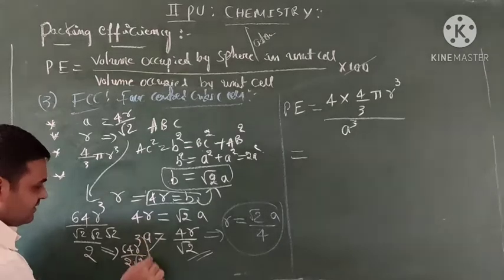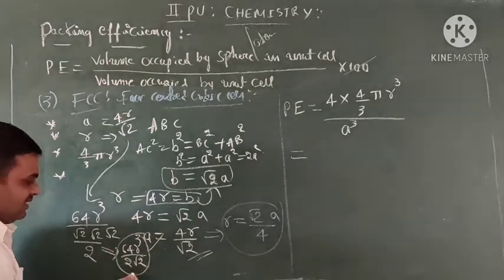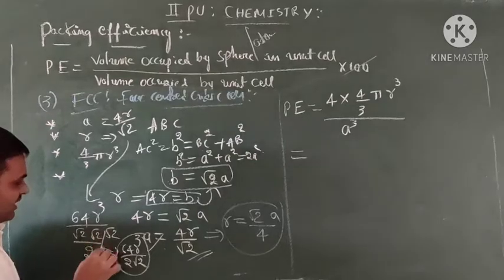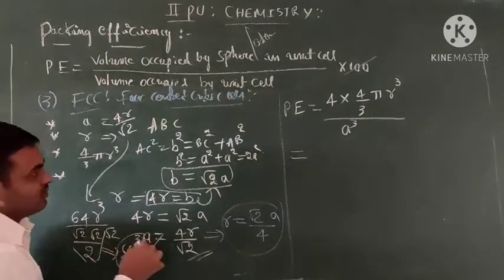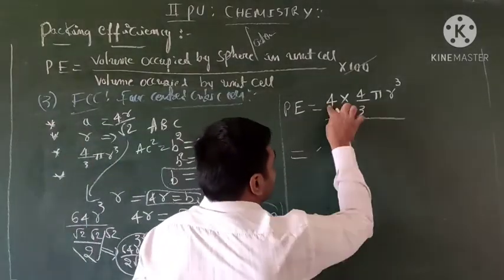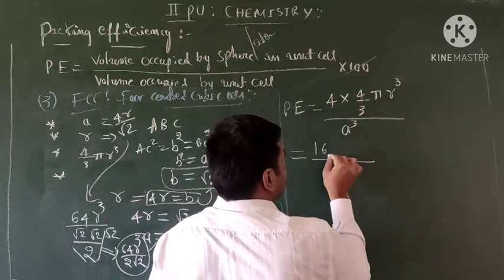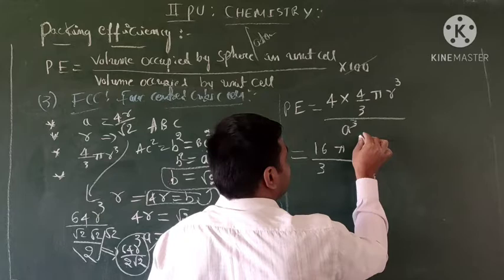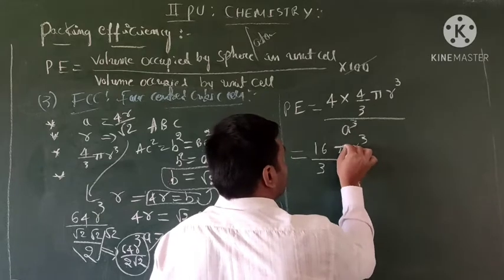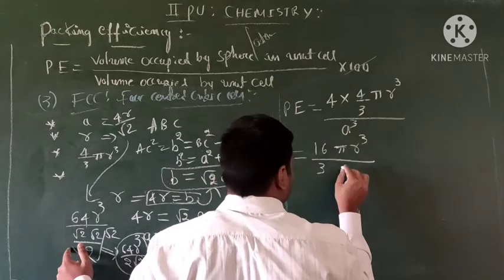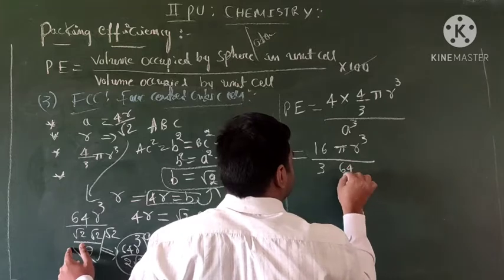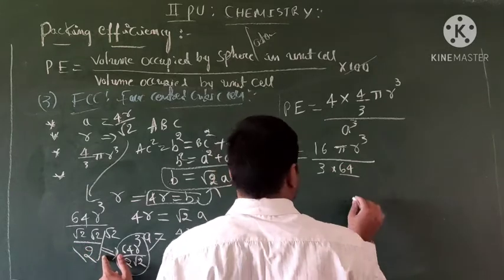You can write it like this. Okay, students, very simplified. 64 and root 2 root 2 can be written as 2 root 2. Then the answer is 4 into 4, which is 16, 16 divided by 3 pi r cube. Then the A value is 64 divided by 2 root 2.